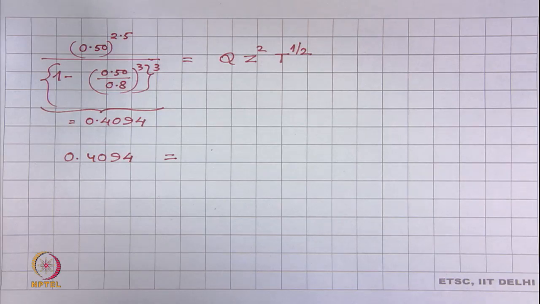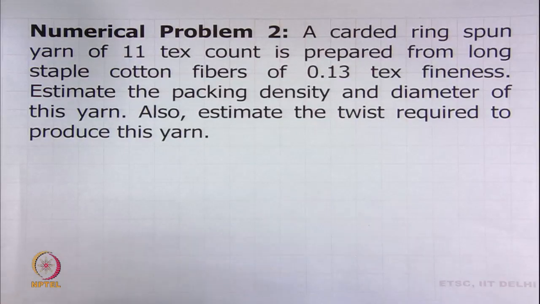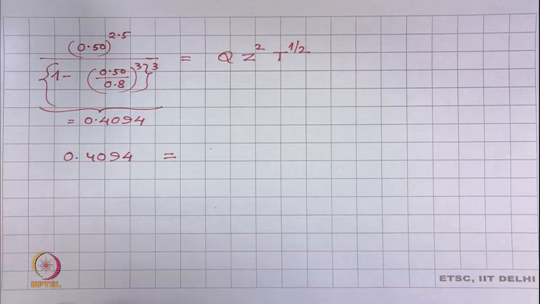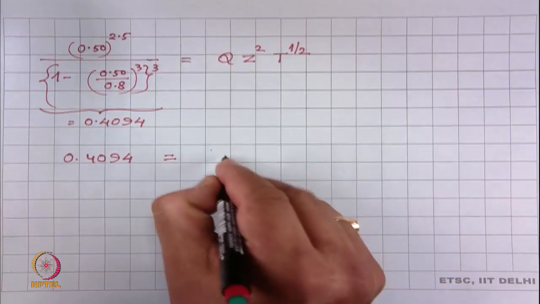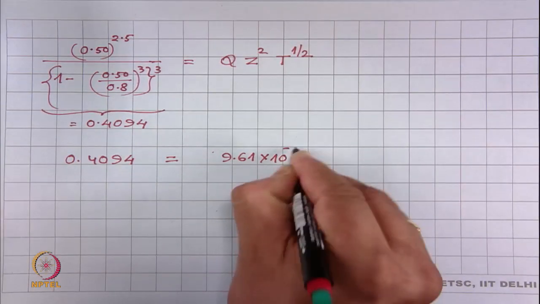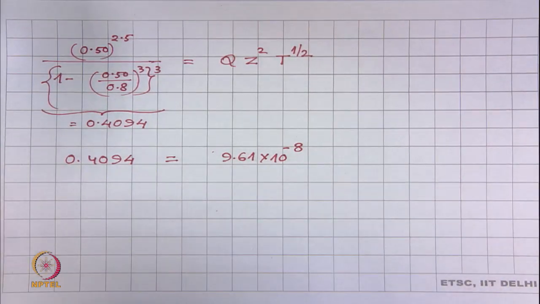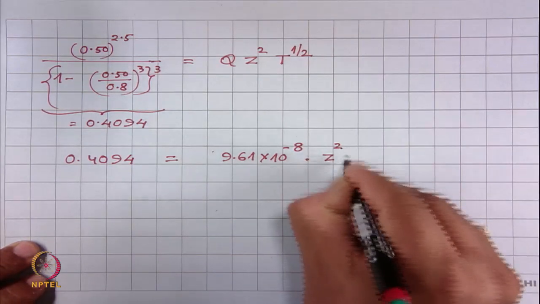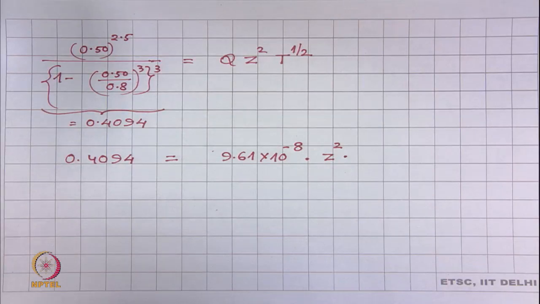Which yarn is this? Carded ring yarn. For carded ring yarn, what was the value of q? In the last class we discussed this value. For carded ring yarn cotton, q is 9.61 into 10 to the power minus 8. Z we need to find out. T, what is yarn count?